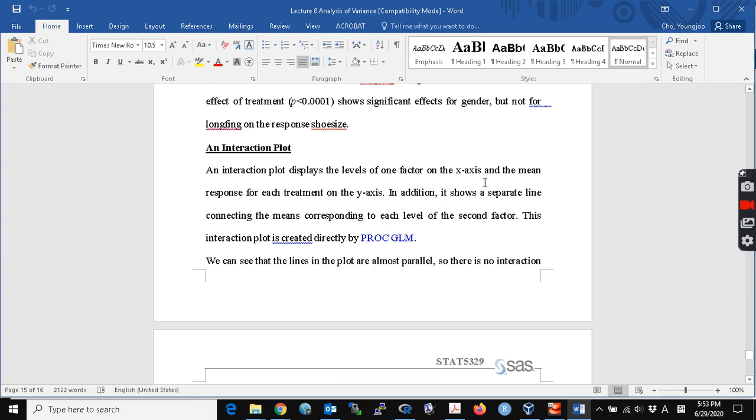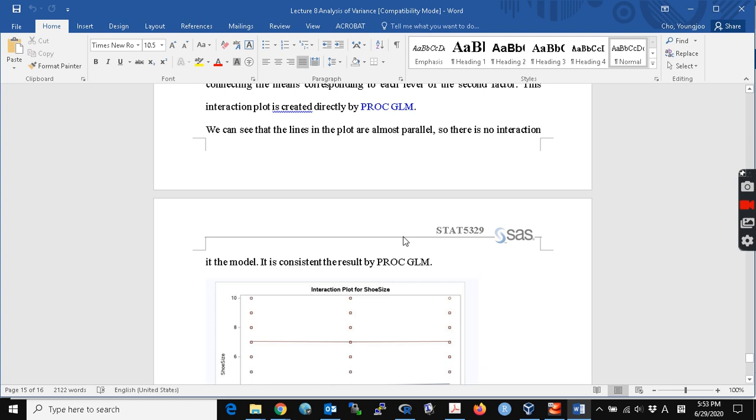This plot shows a separate line of corresponding means for each level of the second factor. So it shows the change in the mean by the factor you are interested in, at each level of the second factor.